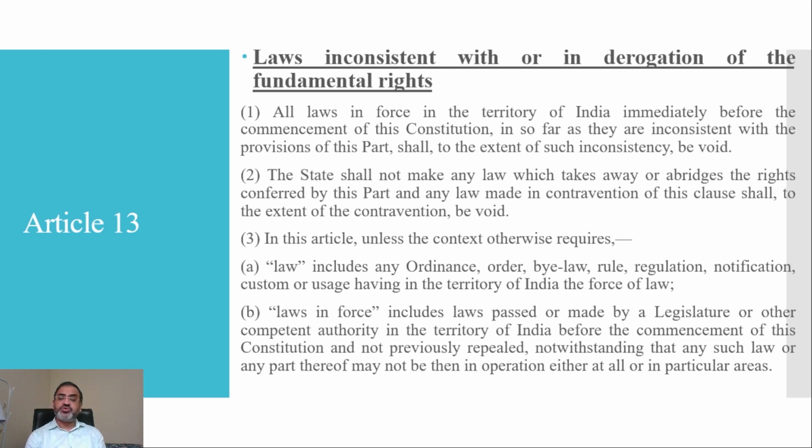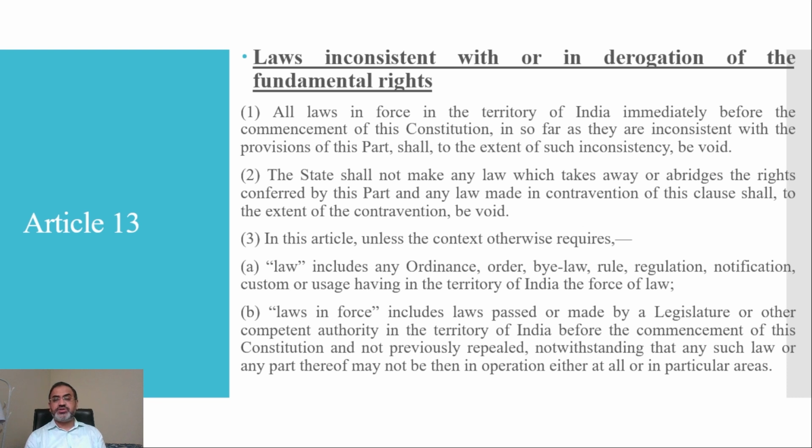Therefore, even through secondary legislations, fundamental right violation has been prohibited. And then clause B of sub-clause 3 of Article 13 explains laws in force, and it says it includes laws passed or made by a legislature or competent authorities. So this is actually explaining Article 13, clause 1, pre-constitutional laws.